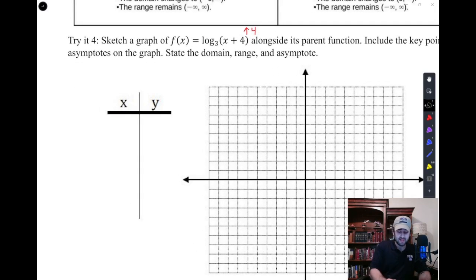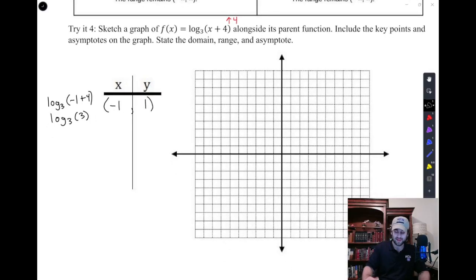So for instance, if I plug in -1 into my equation, I get log base 3 of (-1 plus 4), which is log base 3 of 3. And maybe without rewriting it, you could think a little bit and say 3 to the what equals 3, and you could get a 1 back as your answer: (-1, 1).